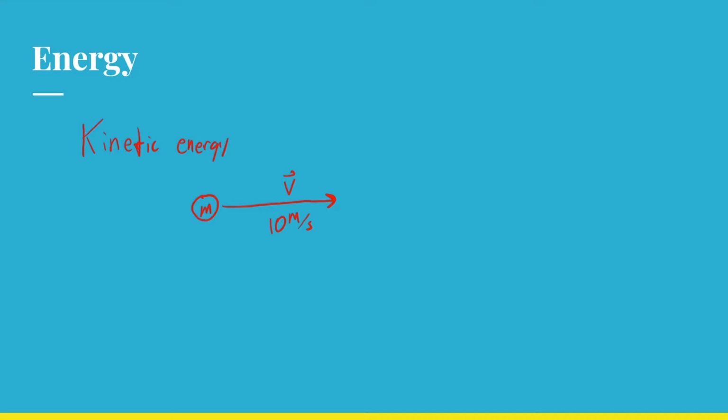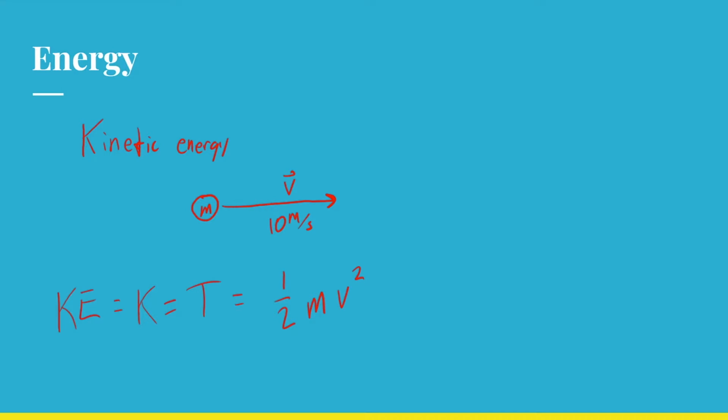And the equation that you can use to find that, you will see it sometimes as Ke, sometimes you'll just see it as K, sometimes you'll see it as T. But the equation for this is 1/2 mv squared. Note that there's no vector notation for this v. In the physics version of this, when you square a vector by itself, it is no longer a vector. And so direction for the kinetic energy does not matter.